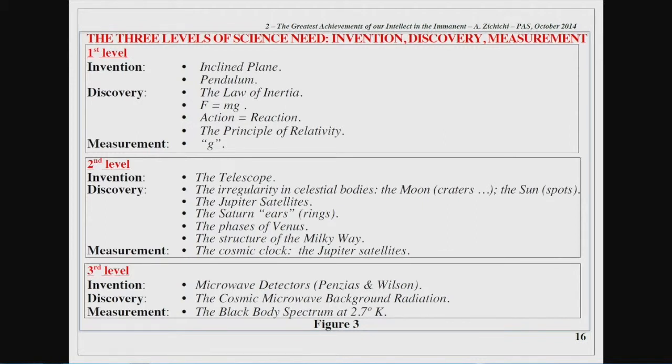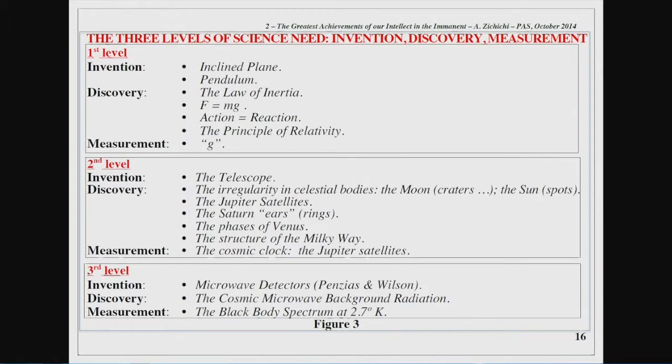For example, Galilei invented the inclined plane and the pendulum, and he discovered the law of inertia, the fact that force is not proportional to velocity but to acceleration, the principle of action and reaction, which had been discovered 1,800 years before by Archimedes, and the principle of relativity. And he measured for the first time in our civilization the acceleration of gravity.